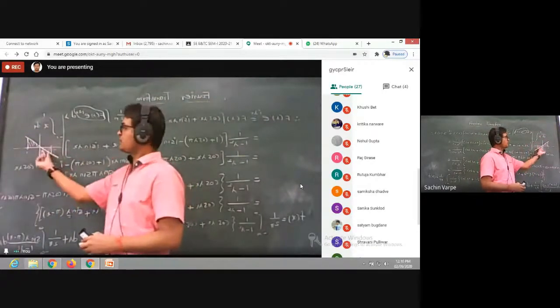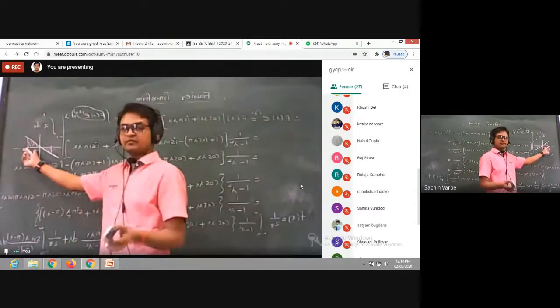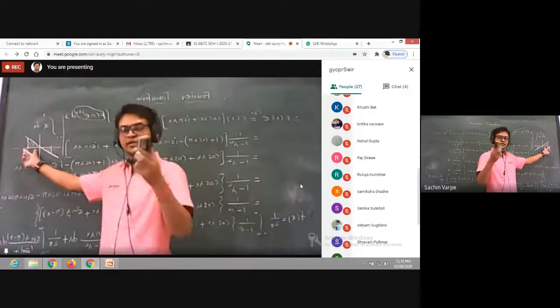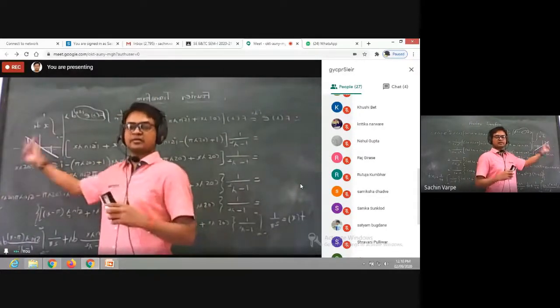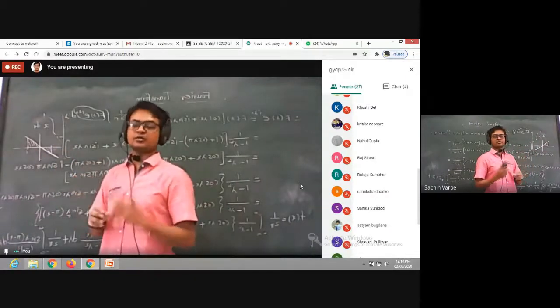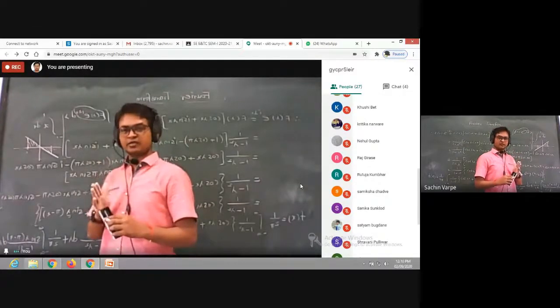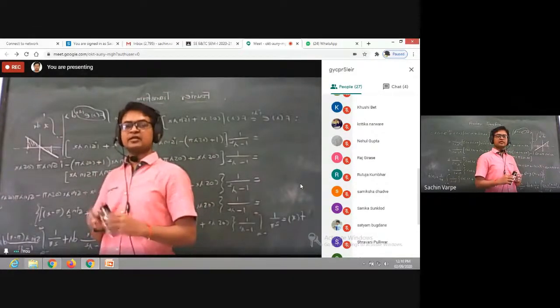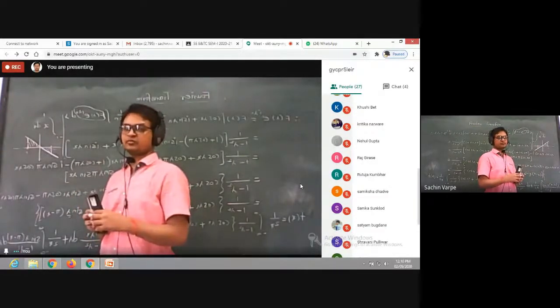So this part will get cancelled with this, and totally I'm getting 0. Always remember, you might have heard also, and used also in M2 in multiple integrals, that integration of odd function in two-sided interval is always 0, and integration of even function in two-sided interval is 2 times from 0 to positive. Is that clear?